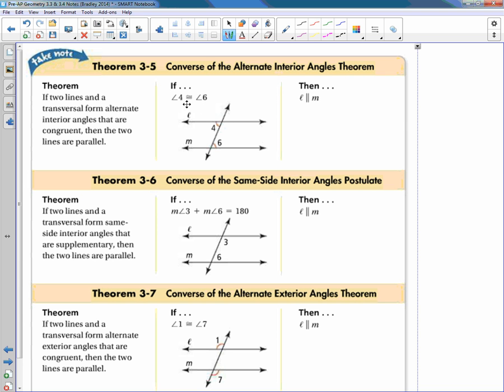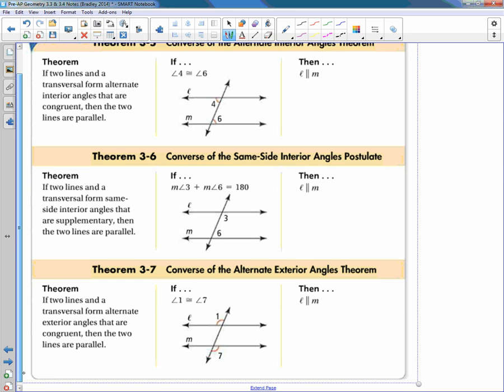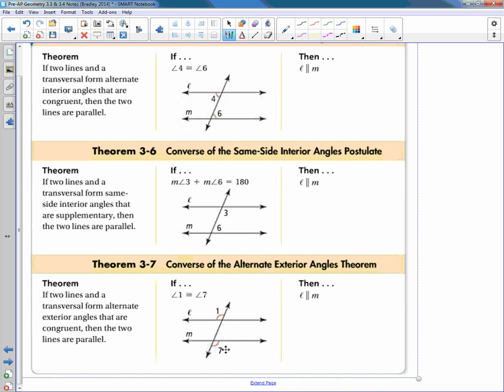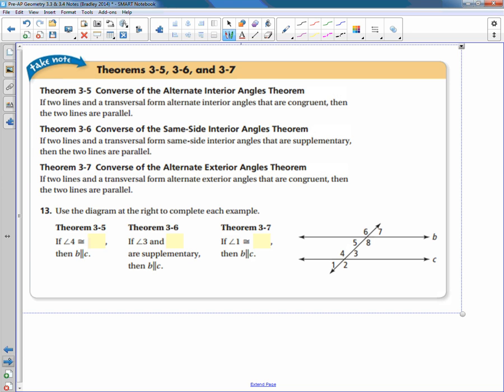This one states that if alternate interior angles are congruent, then lines are parallel. If same side interior angles are supplementary, then lines are parallel. And the last one is if alternate exterior angles are congruent, then lines are parallel. So let's use some of those.